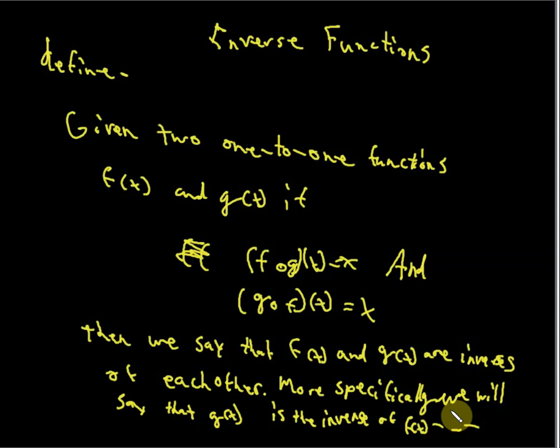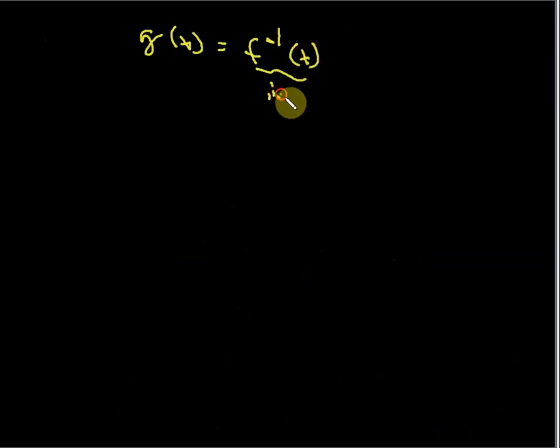So we would denote it by g of x equals f negative 1 of x, right? So this means inverse.